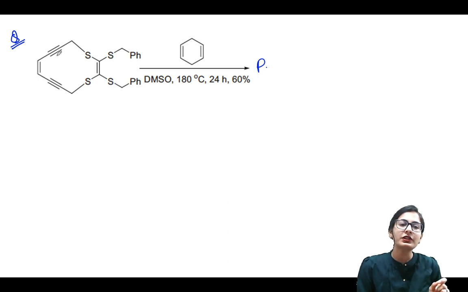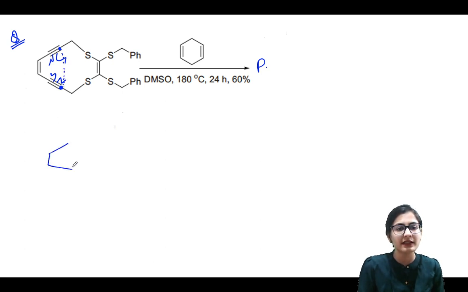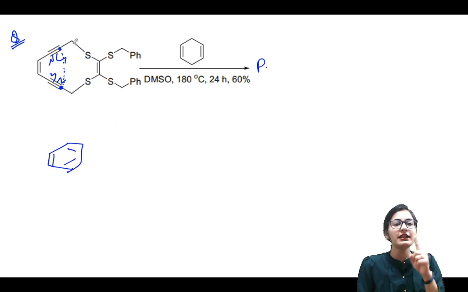So what can we do over here? Again, we are going to open up this bond over here. It's going to come on this carbon. Now this carbon is going to basically join. So directly let us write the benzene ring structure. But after that, how many carbons are remaining, that you also have to take care of.